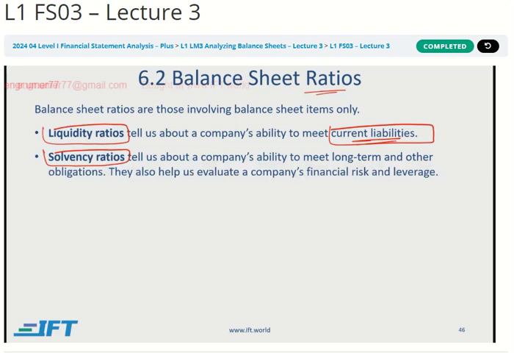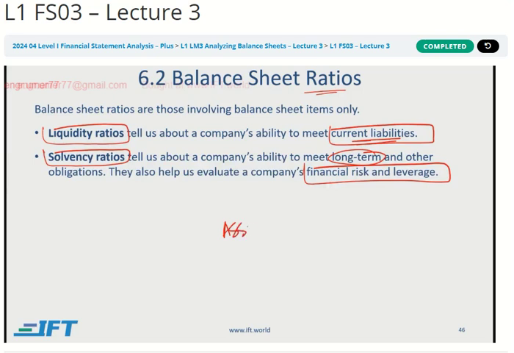So liquidity ratios are very important, and solvency ratios are also very important, but these are more long term in nature, in that they measure not only your ability to meet your current liabilities, but also all the liabilities, right?